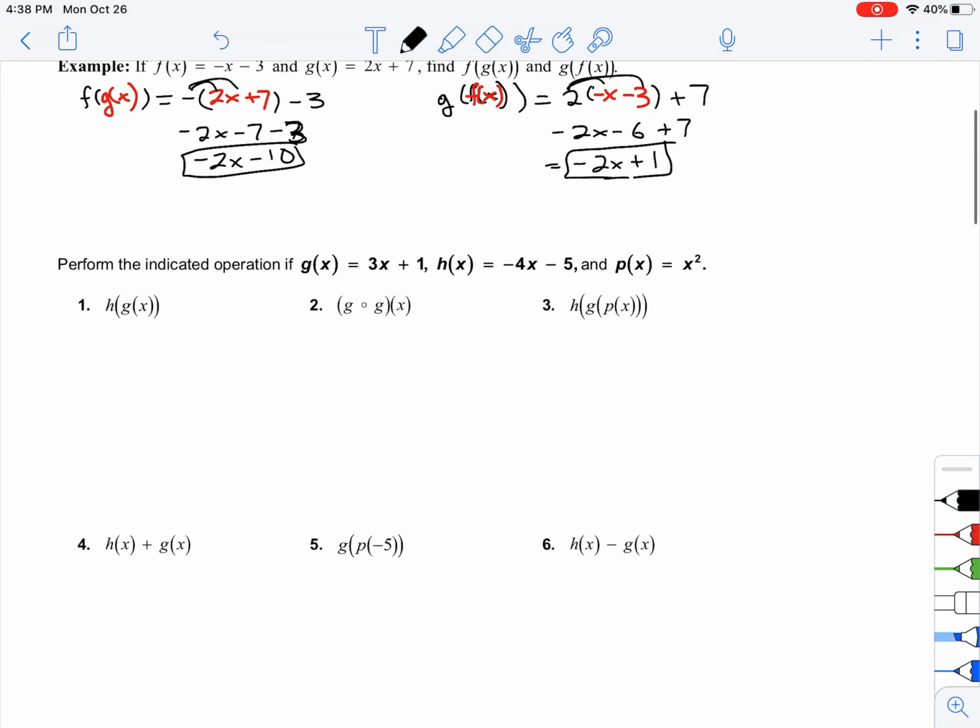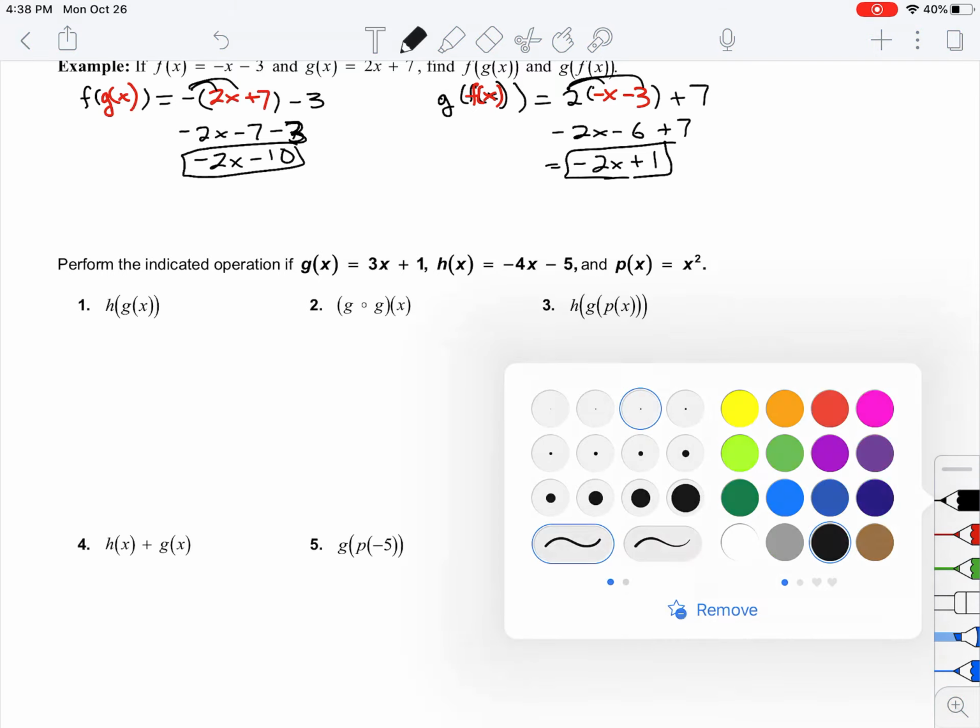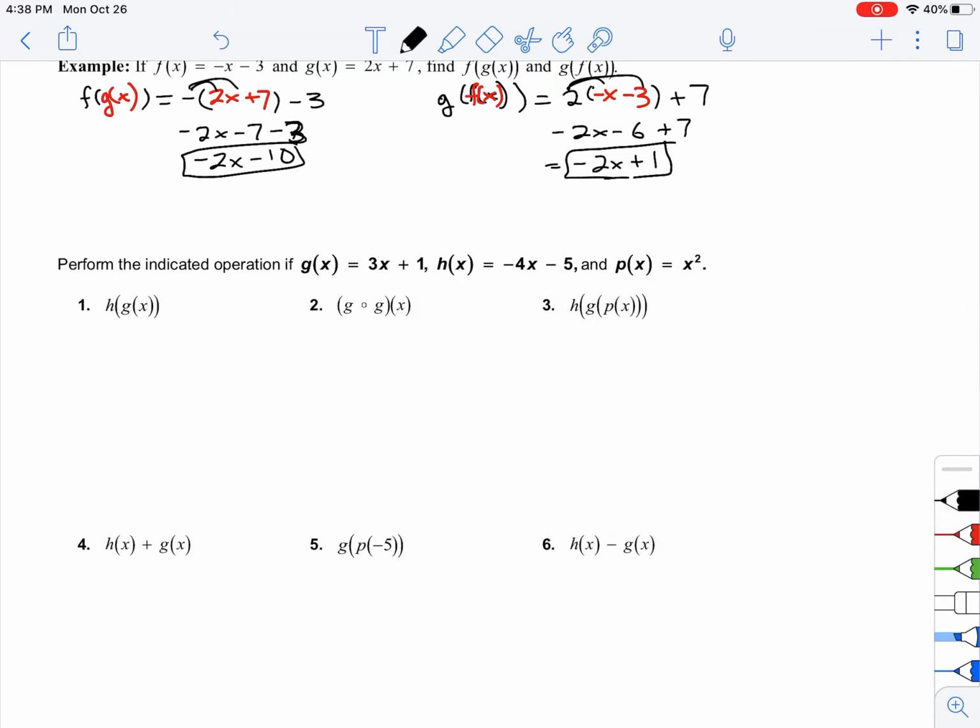So for number 1 at the bottom, we have h of g of x. So we're going to take g of x and put it inside of h of x. So we have h of x, which is negative 4, whatever x is, minus 5. Remember, we're going to put g of x inside of there.